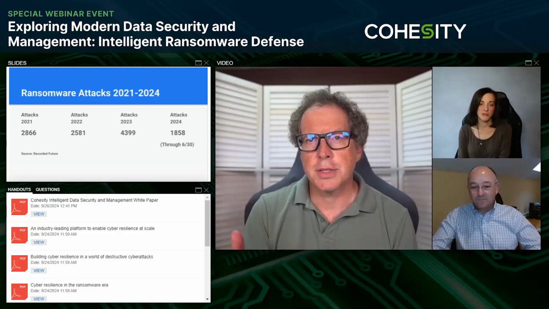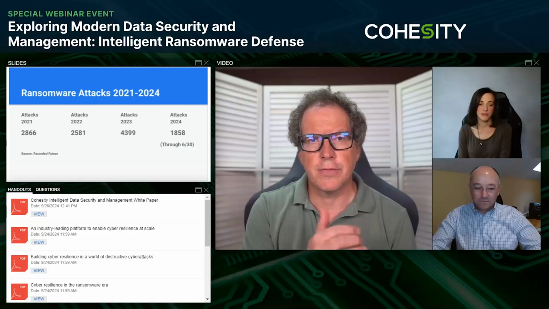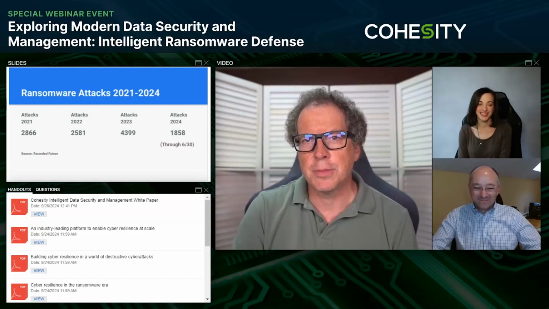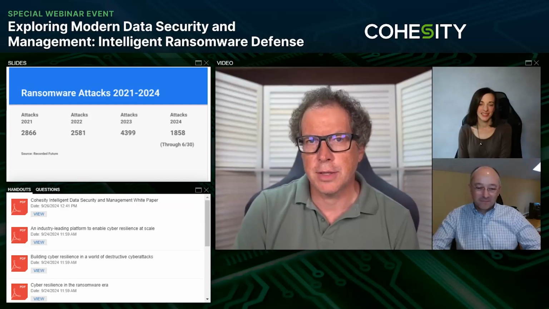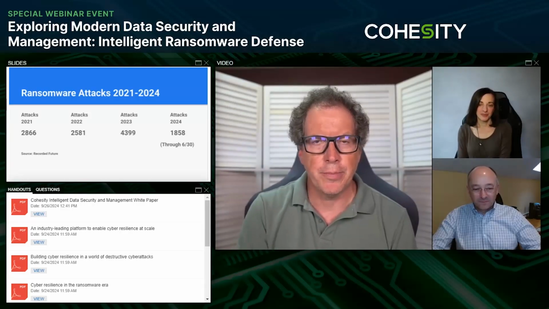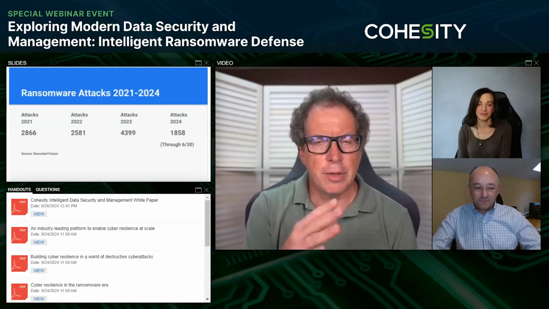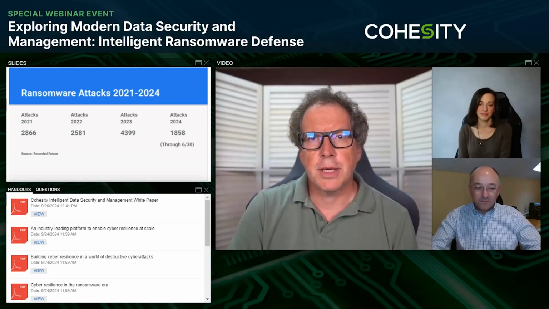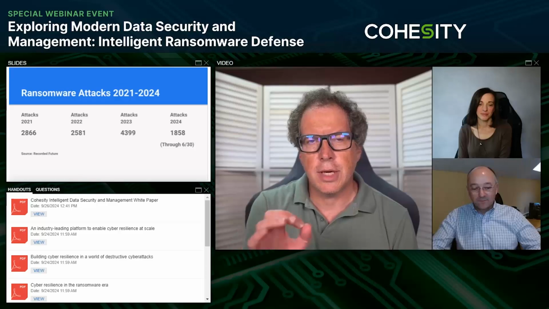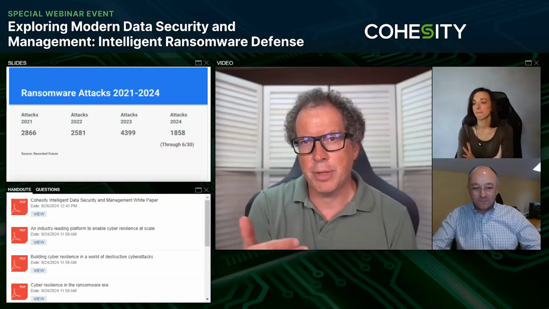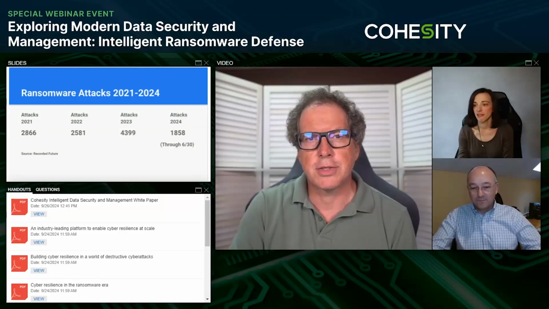While we're discussing this, I'm going to use the slides area as a separate track to rotate through some pull quotes from the Cohesity Intelligent Data Security and Management white paper and key capabilities for ransomware data protection and recovery. Chris and Melissa, I'd like to split this question into two parts. First, I'd like to cover basic table stakes capabilities, and then I'll ask about more emerging or even cutting edge strategies next.